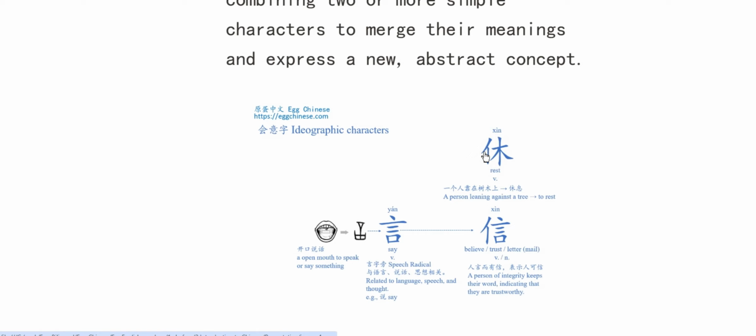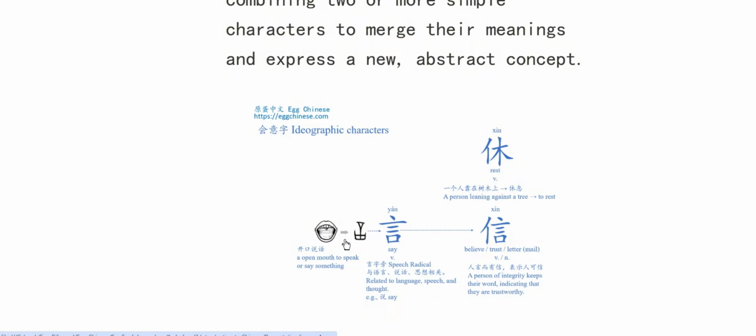The left part means a person, and the right part means a tree. If we combine them together, the meaning is a person leaning against a tree. So finally, the meaning is to rest.